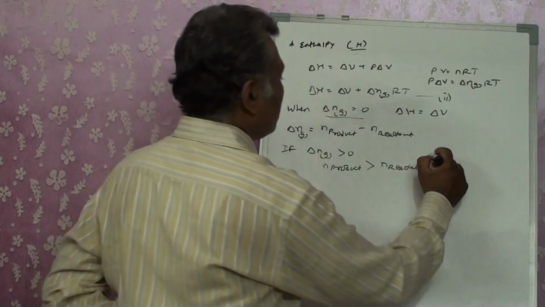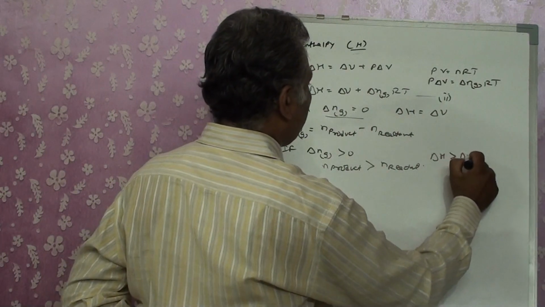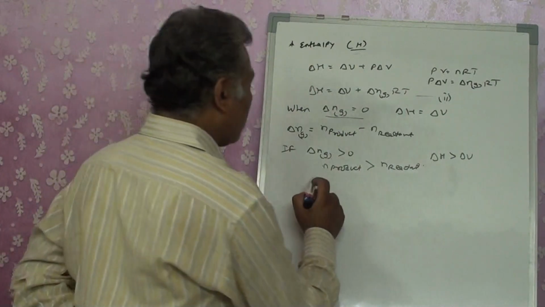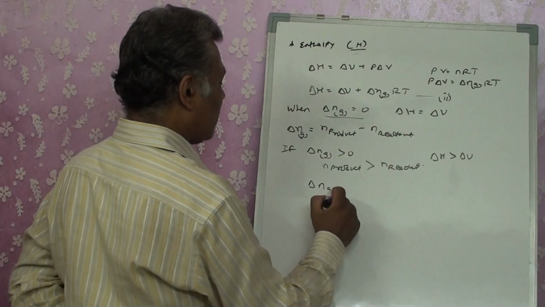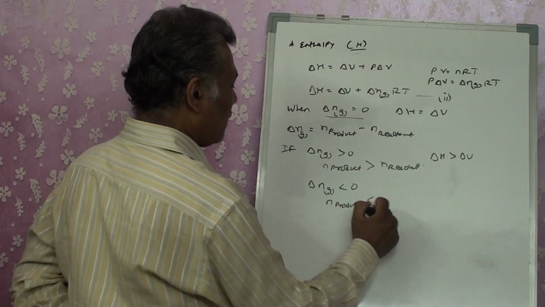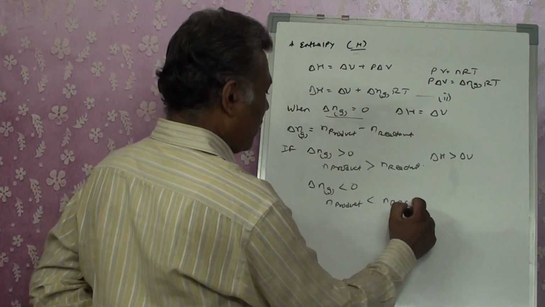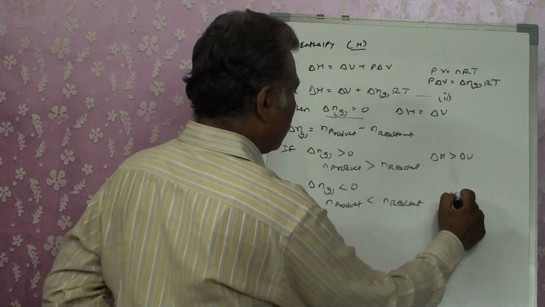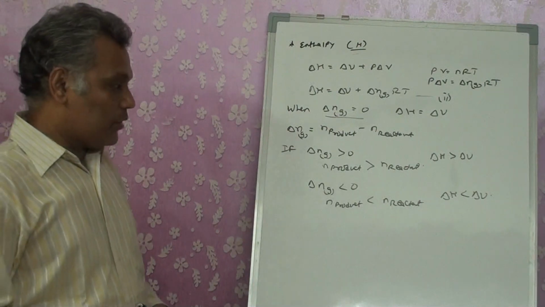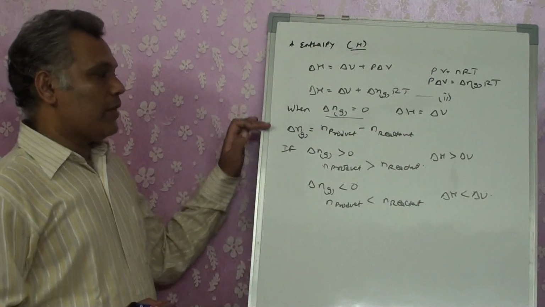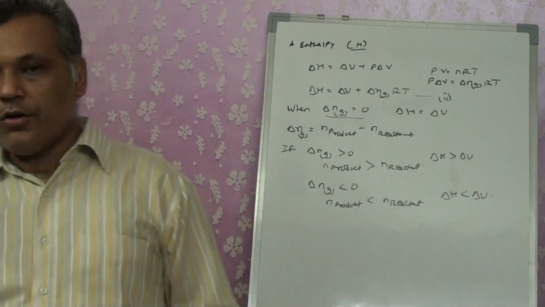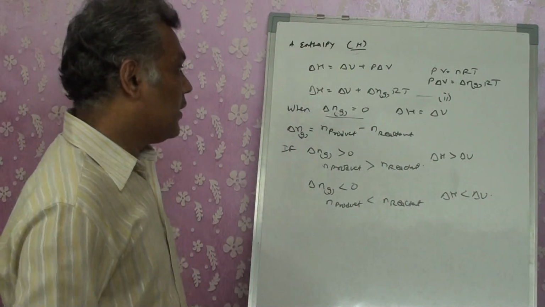Under that condition, delta H will be greater than delta U. If delta Ng is less than 0, that means the number of moles of product is less than the number of moles of reactant, so we get delta H less than delta U. So with the help of this equation we can calculate when the value of internal energy is greater or less.